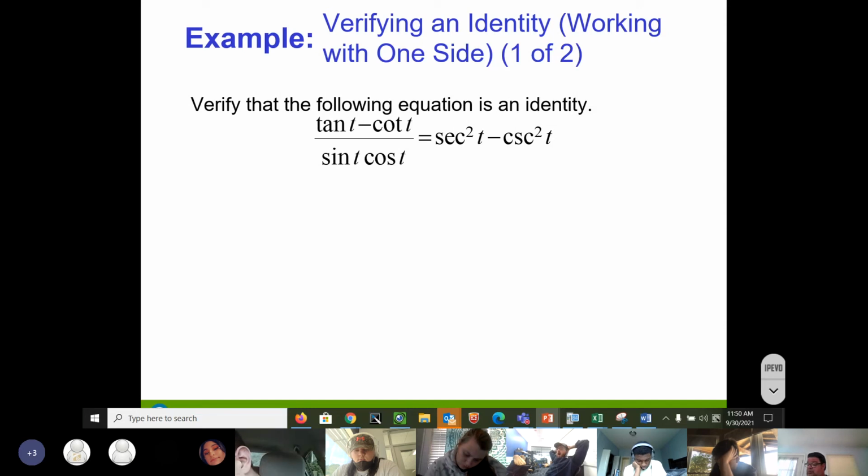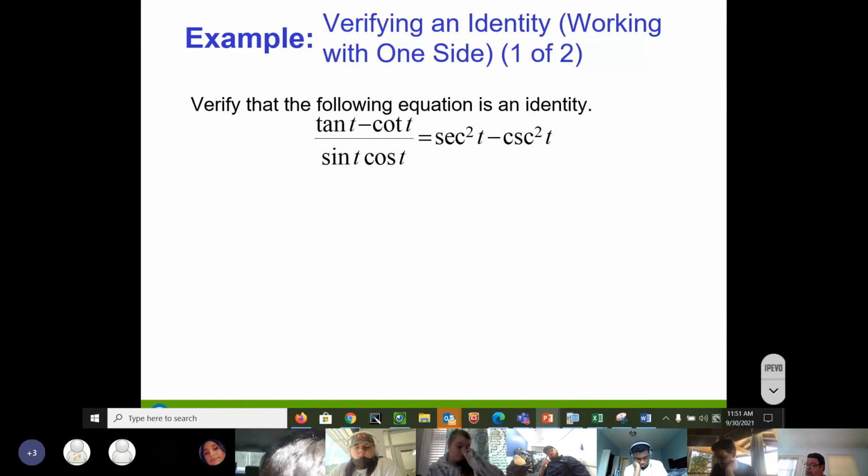Wait a minute, did I just mess up? Hold on. Yeah, that's right. Cosine will go into sine squared, or sine will go into cosine. This will be cosine squared. I just had a brain bubble. I'm sorry. And all that's over sine, cosine.